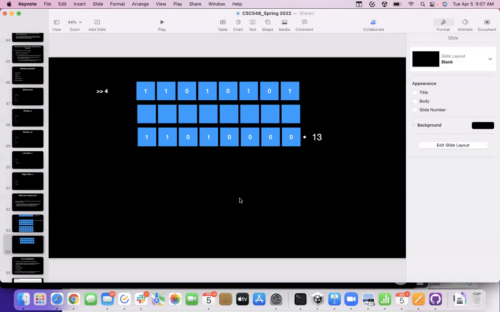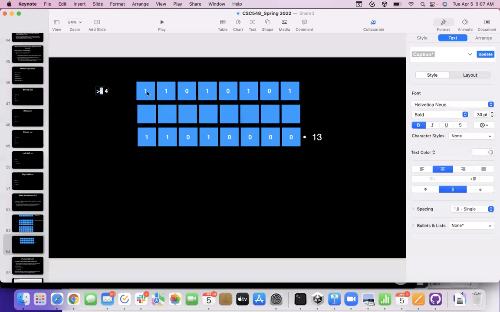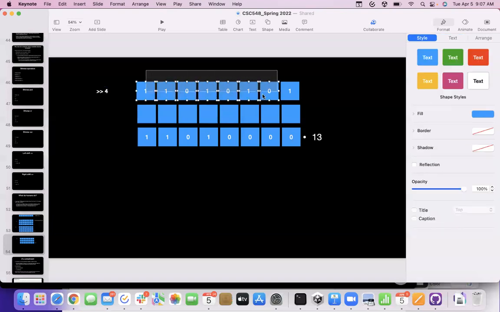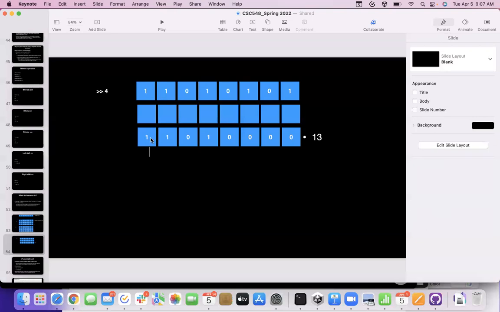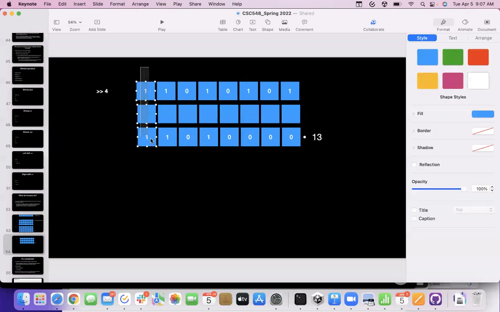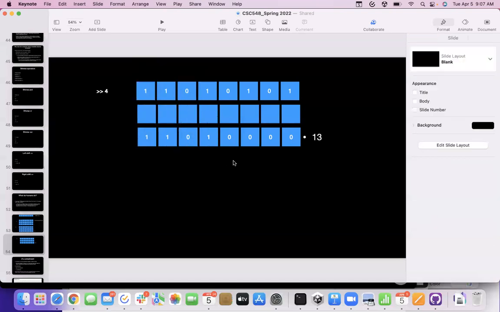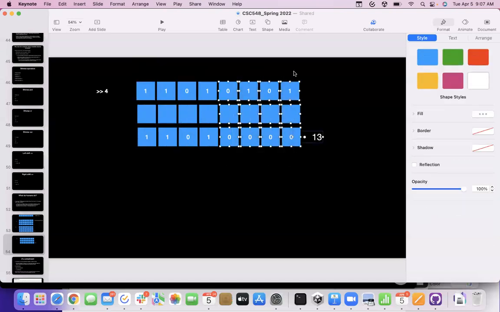How do I get this result? How do I go from this guy to this guy, where I've maintained the left 4 and I've zeroed out the right 4?